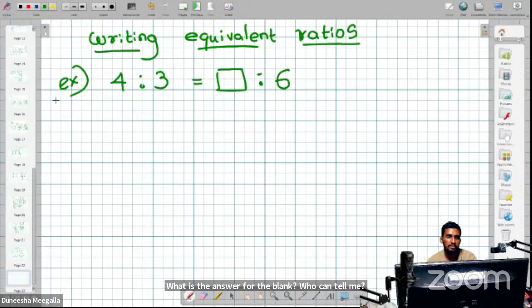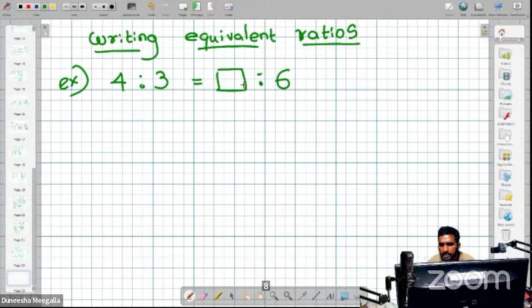What is the answer for the blank? 8. Yes. What is the factor that multiplied the ratio? 2 is the factor. Okay.